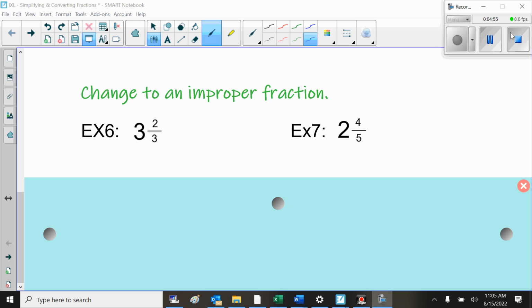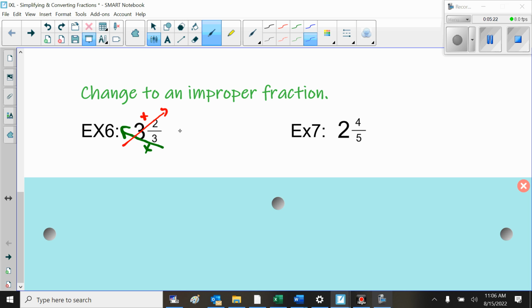All right. So when we change the mixed number to an improper fraction, I'm just going to write some notes in here, okay? So we are going to go in this direction, and we're going to multiply, and then we're going to go in that direction, and then we're going to add.